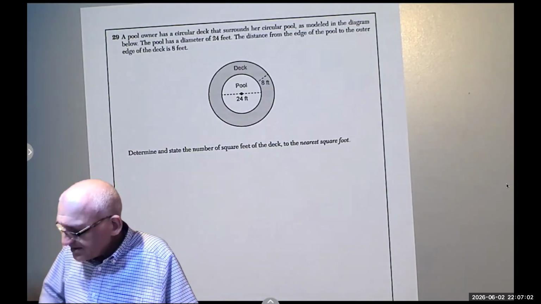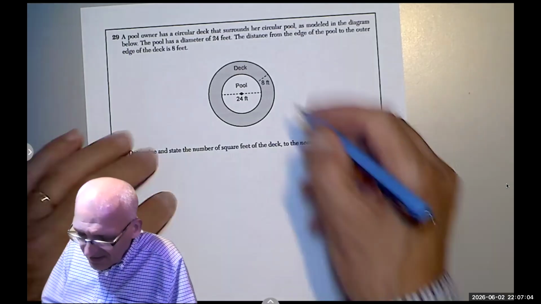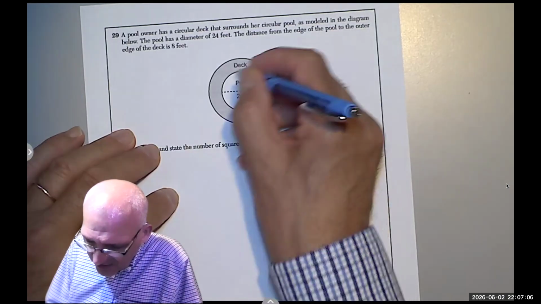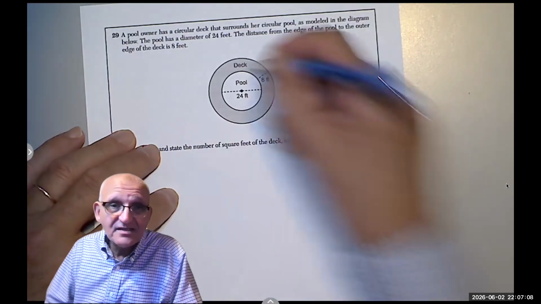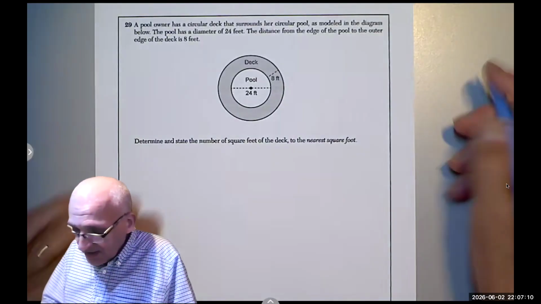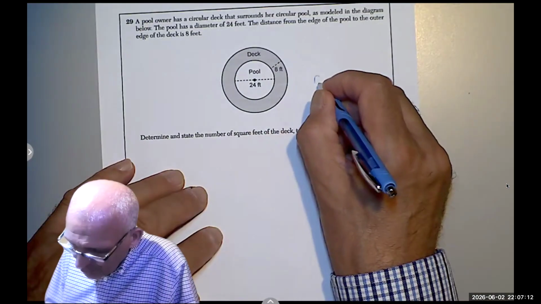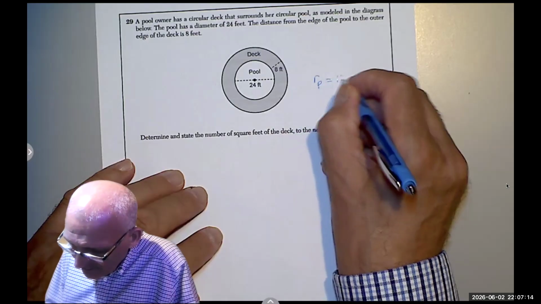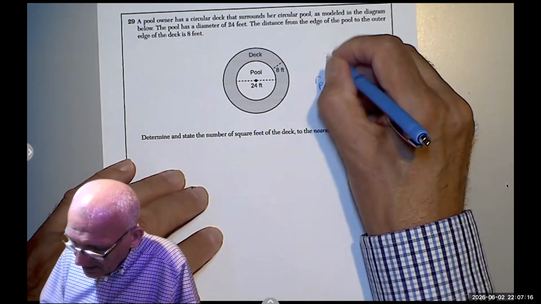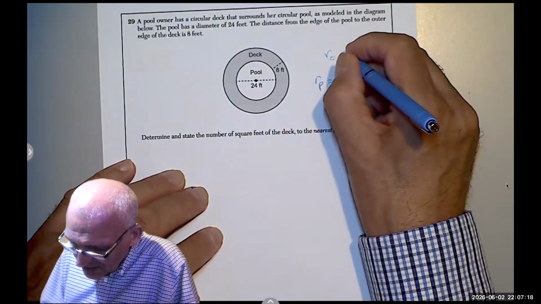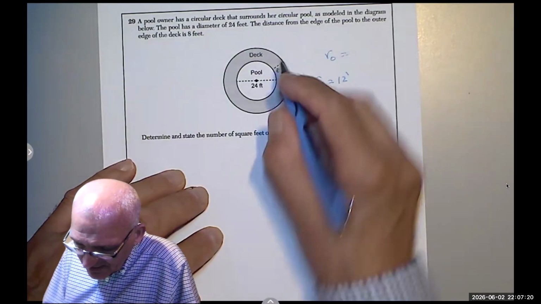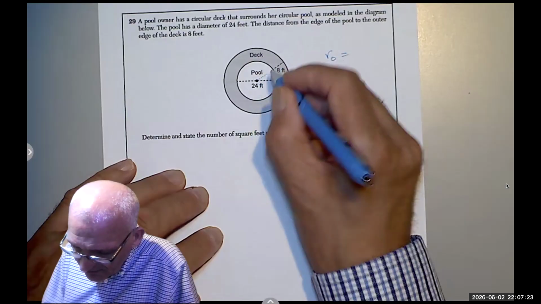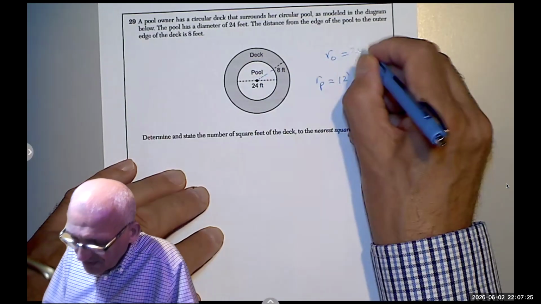Of course, we see that you have to subtract the area of the pool from the outer area, right? So our pool radius is 12 feet and our outer radius is 12 plus 8, which is 20 feet.